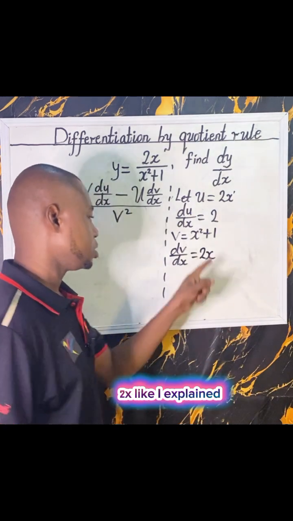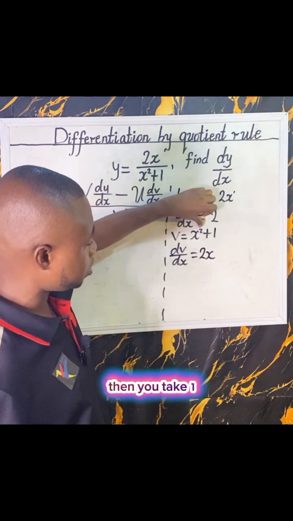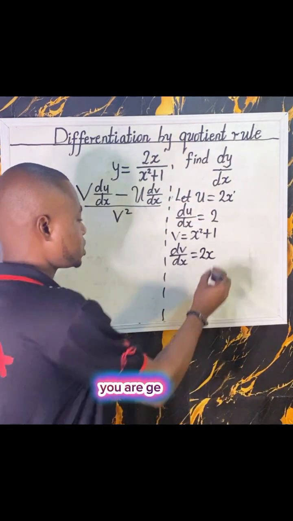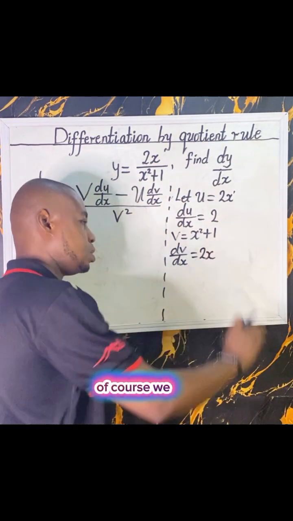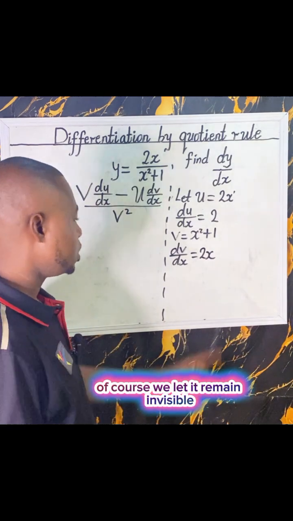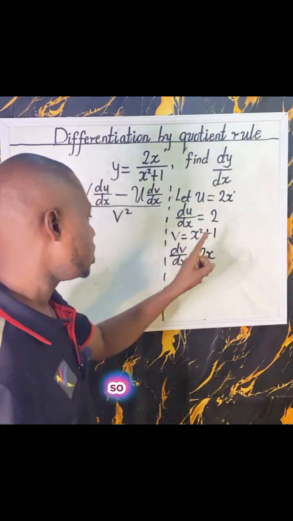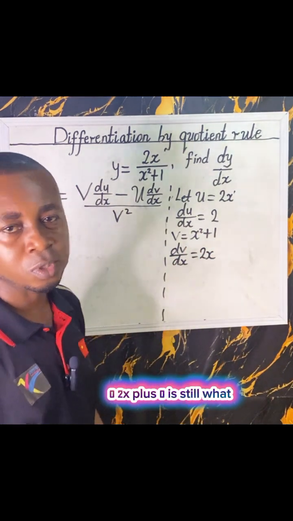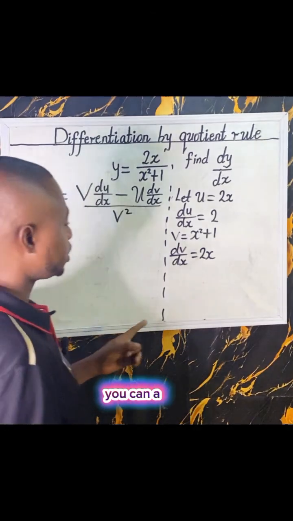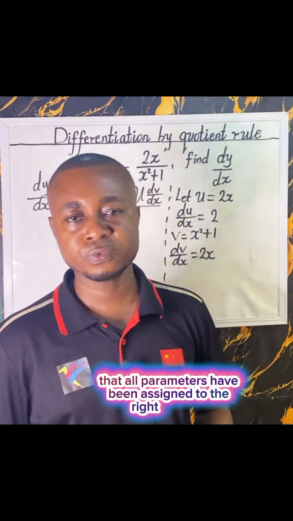Like I explained, this 2 comes here to multiply the x. Then you take 1 away from 2. You are getting x raised to power 1. Of course, we let it remain invisible. Then when you differentiate a constant, you get what? 0. So differentiate 1, the value is 0. 2x plus 0 is still 2x.